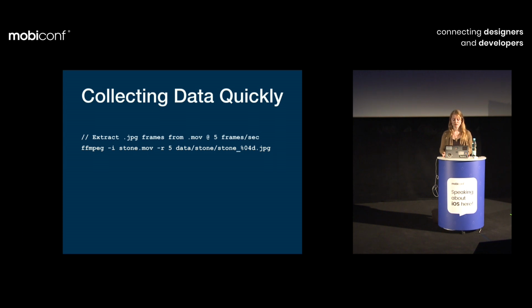And it really just has to be a minute long or even less, as long as you're able to cover all of these conditions in that time period. And then from there, you can take the video and extract the JPEG frames from it using a tool called FFmpeg. If you don't have FFmpeg, you can easily install it with Homebrew. FFmpeg expects you to input the movie file of the video, and then it also expects you to input the frames per second.